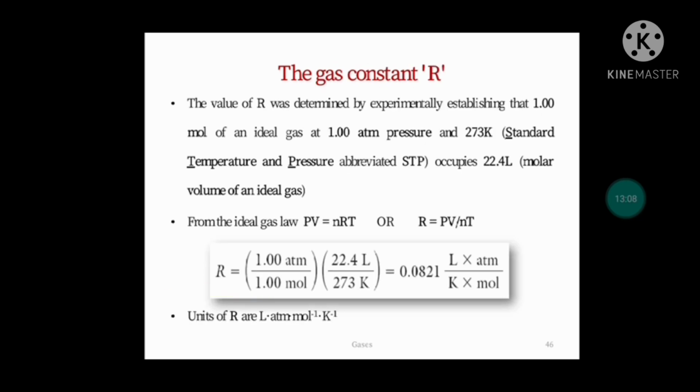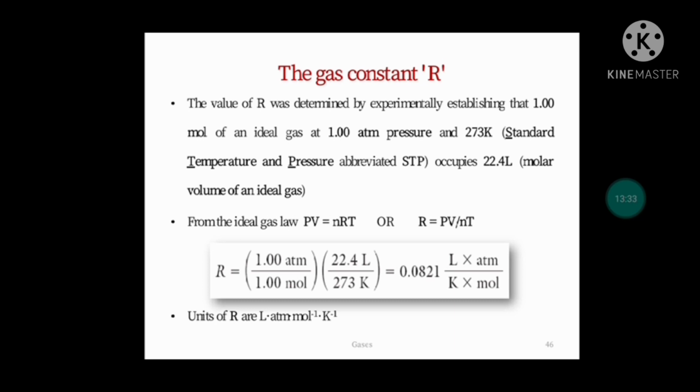So here we have R, which is called the gas constant. From the ideal gas law, R is equal to PV upon nT, and its value is 0.0821.